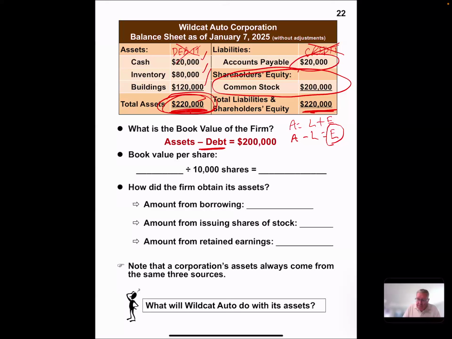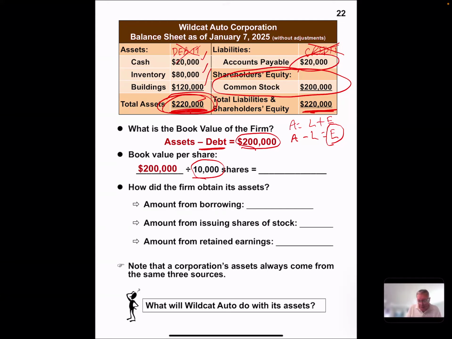All right. Oftentimes we put book value on a per share basis. Talk later on why we do this. You may recall when Bill Jackson started the company, he contributed $200,000 in exchange for 10,000 shares of common stock. So to calculate book value per share, we take the book value in total divided by the number of shares.